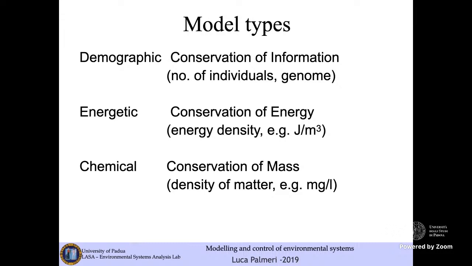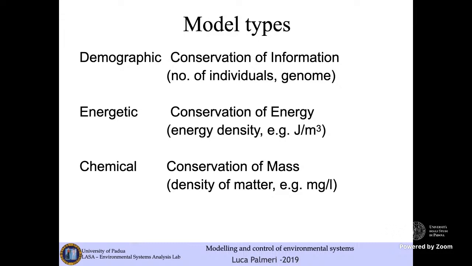In demographic models, you may employ a general law that we may call the conservation of information. Typically in demographic models, the variables are the number of individuals, and the information content is represented by the genome, the quantity of genetic information coded in each individual.